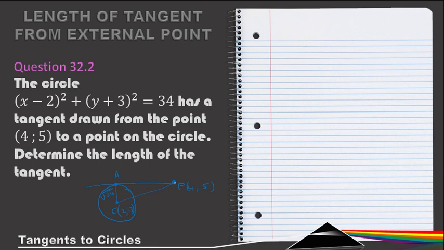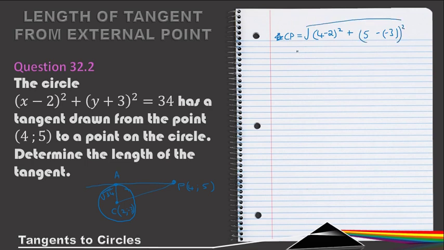So now CP is the square root of (4 minus 2) squared plus (5 minus negative 3) squared.